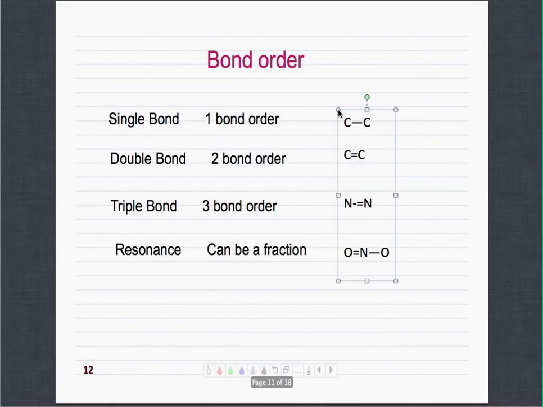Now, this is the trend of bond order. I just have to tell you that resonance can have bond orders which are fractions, and we're going to talk about that in detail in the coming slide.